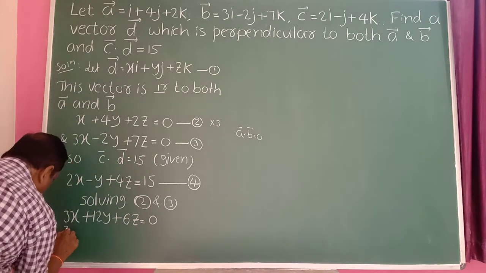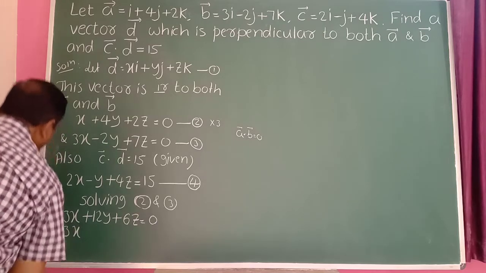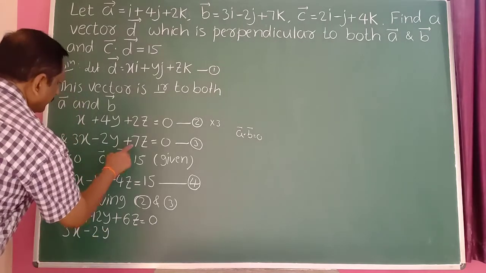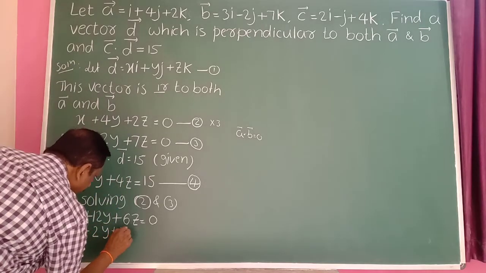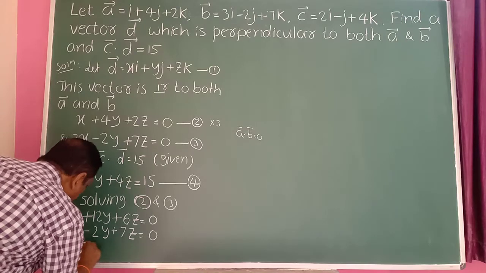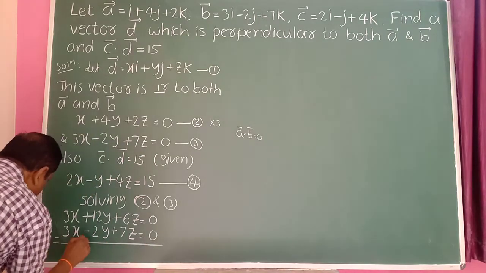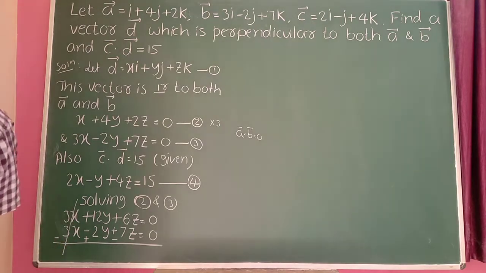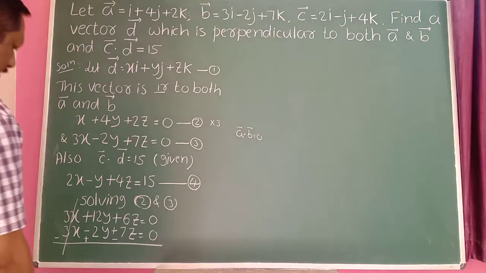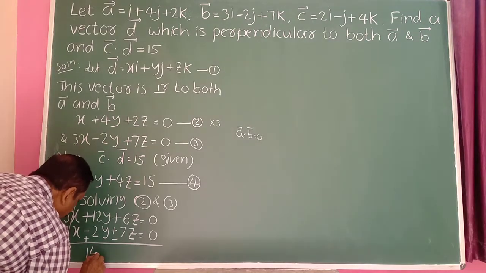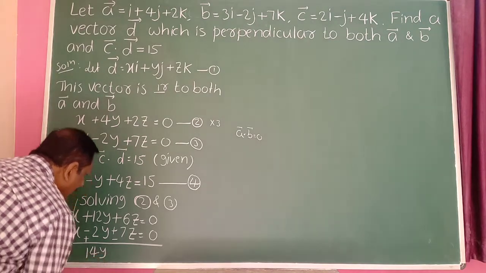So 3x minus 2y plus 7z is equal to 0. Change the sign here: minus, plus, minus. So 3x and 3x get cancelled. 12 plus 2 becomes 14, so 14y.